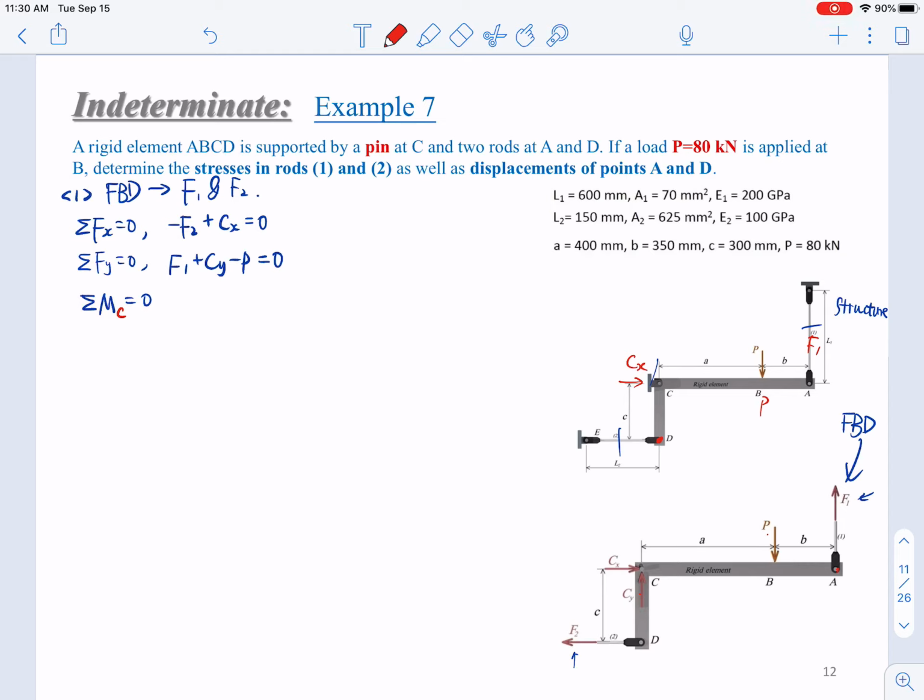So we can write this equilibrium equation based on the sum of MC equals 0.